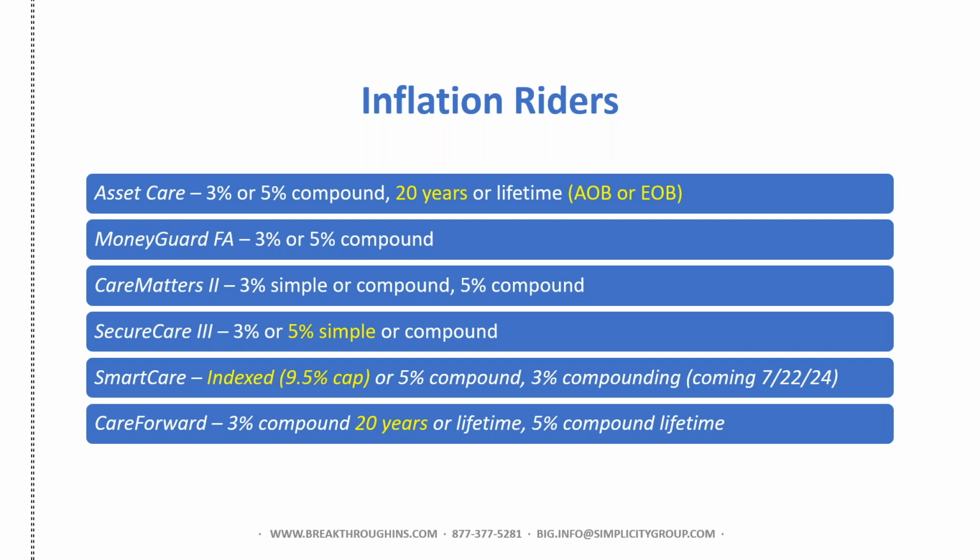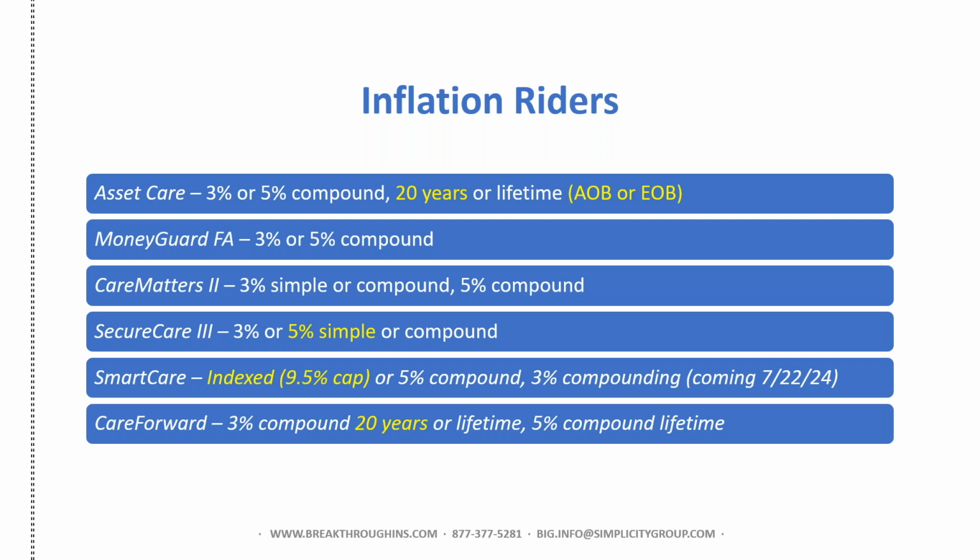If you're familiar with other indexed products like an indexed annuity or an indexed UL product, you look at something like the S&P 500 and it has a cap on it. Currently, it's at 9.5%. So if the S&P 500 goes up in your contract year by 20%, you'll get 9.5% growth in your inflation. If it goes up by 5%, you'll get 5%.